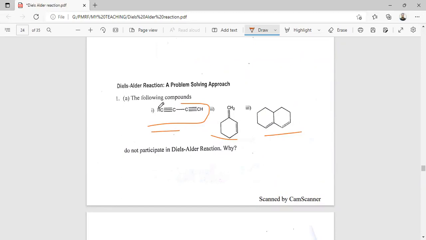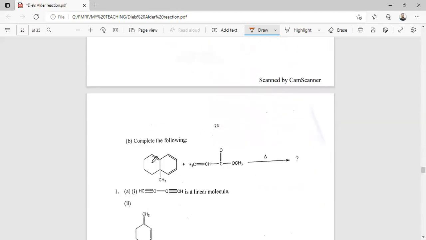Why? This is an alkene-type molecule. This is a diene, and here this diene is in the s-trans fashion, and here also this diene is in the s-trans fashion. But we know that in the Diels Alder reaction, the diene should be in the s-cis configuration. So the s-cis configuration is not possible for all these three molecules. Hence these three molecules don't participate in the Diels Alder reaction.